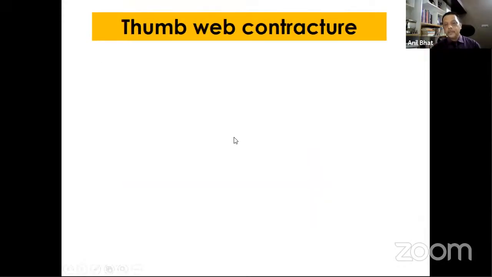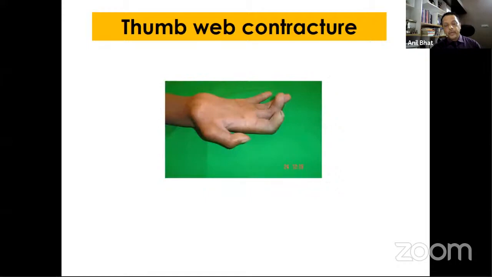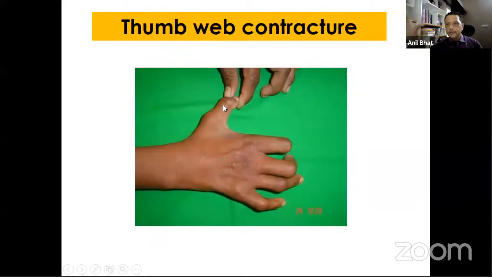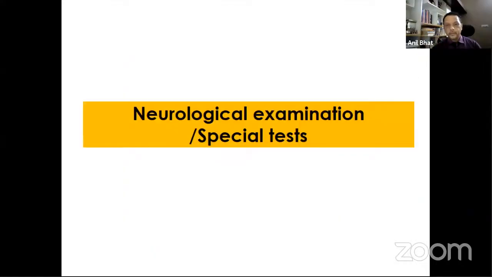So that is your contracture angle. The other angle you calculate in a total claw hand is the thumb web contracture, because the adductor pollicis is paralyzed. Slowly a contracture develops there, and you need to see how much web space opening there is, so that when you do a surgery like an opponensplasty, the thumb web contracture should not be there. You need to get rid of that.